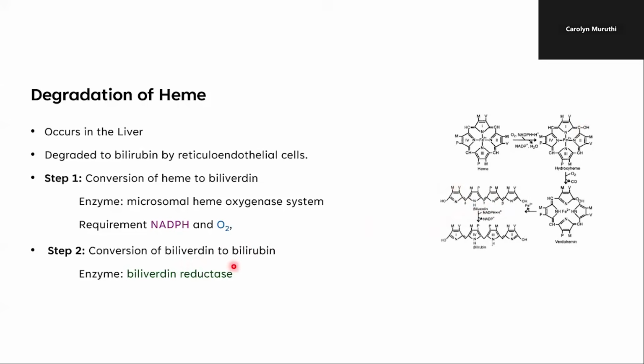Next, biliverdin reductase reduces biliverdin to bilirubin in the presence of NADPH. And so the bilirubin formed is water insoluble, and therefore, for it to travel through the bloodstream, it is tightly bound to albumin.